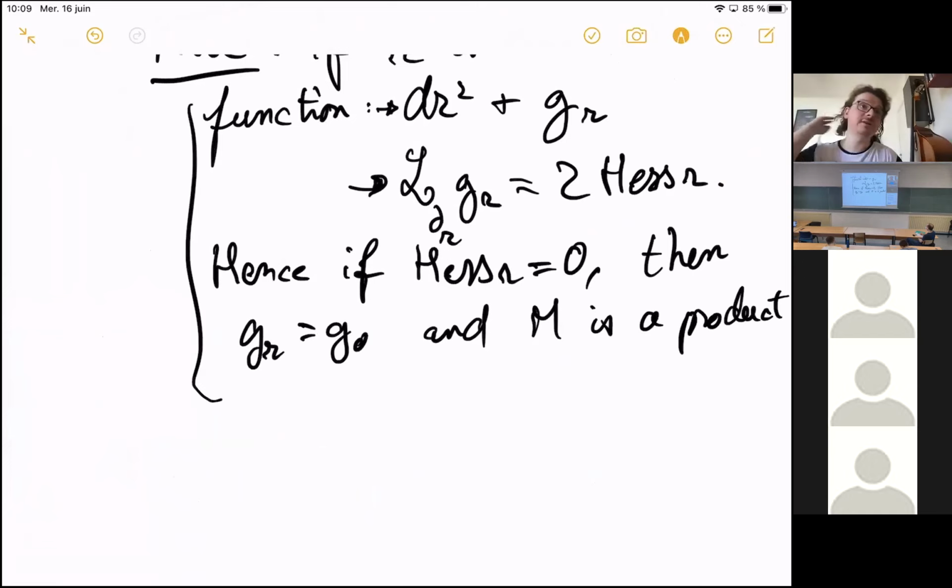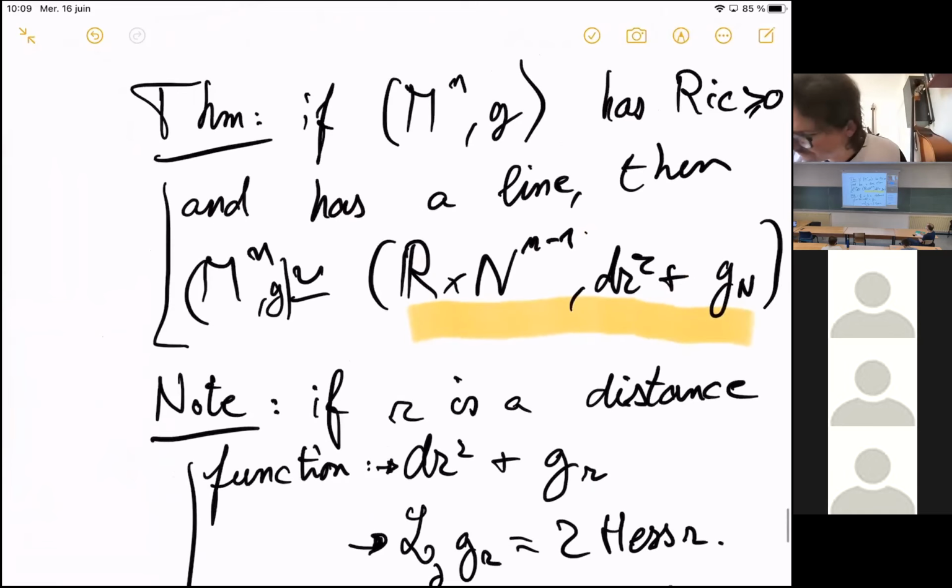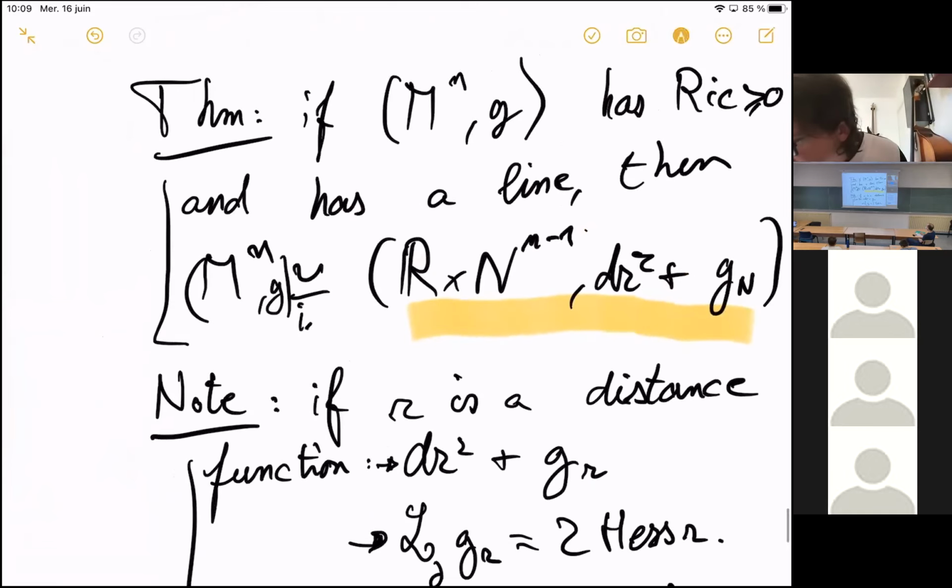Is this split? Yes, this is an isometric splitting. So here this twiddle is an isometry. Thanks Chunming and Dimitri.